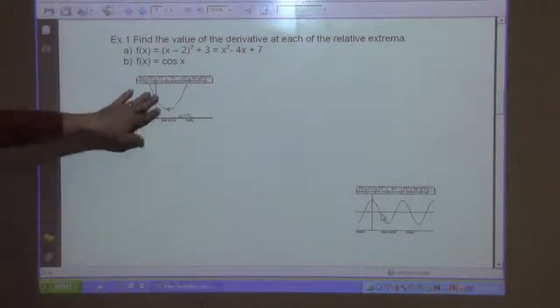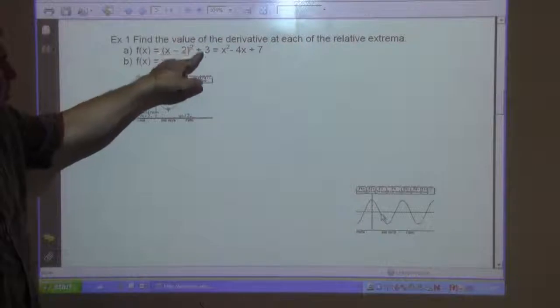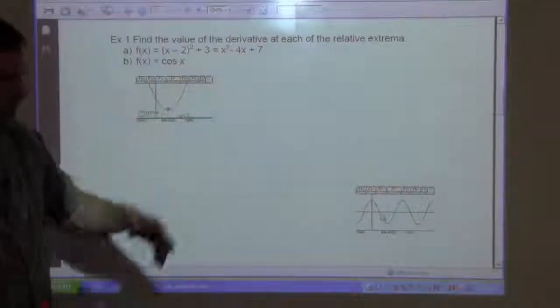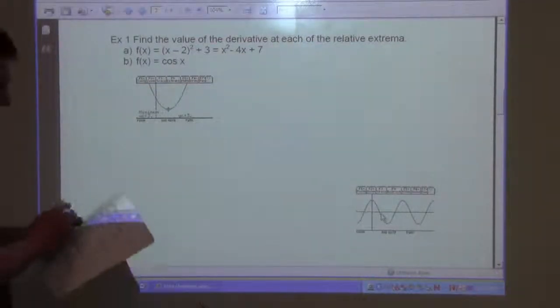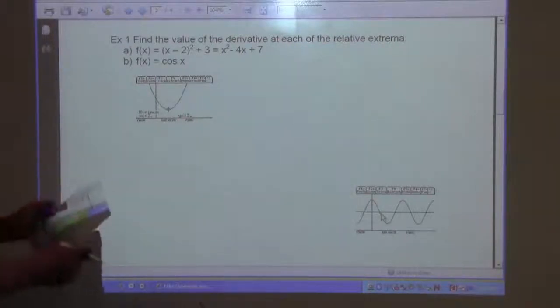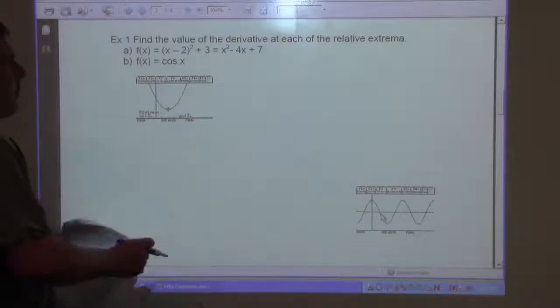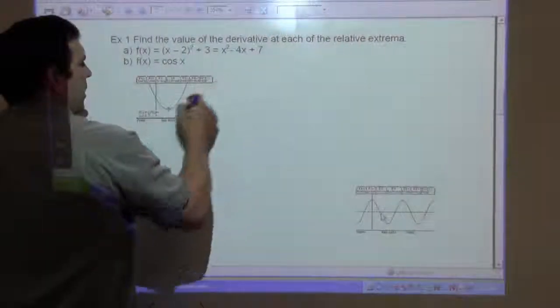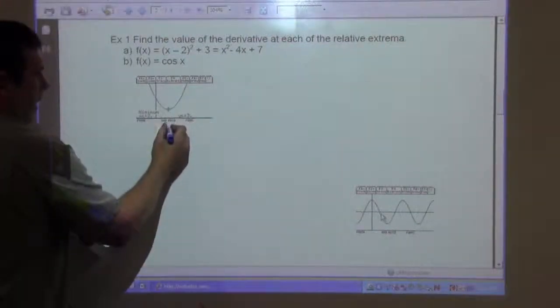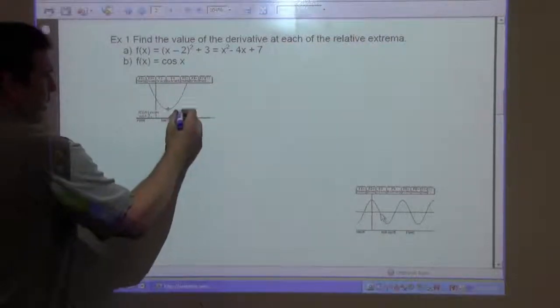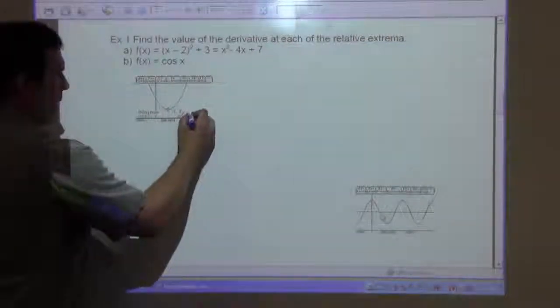So for A, right here, f of x is (x minus 2) squared plus 3, which is x squared minus 4x plus 7. So it says find the value of the derivative at each of the relative maximum, or extrema. Here we have one, and this point is located at (2, 3).